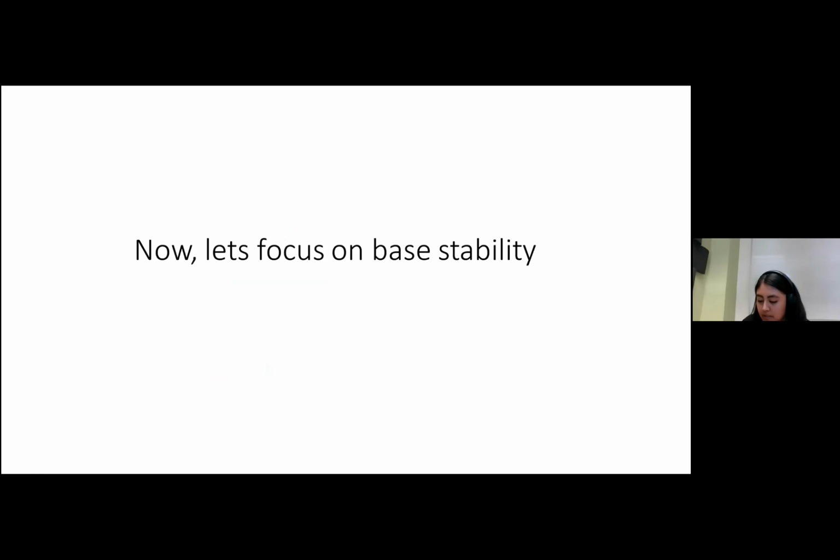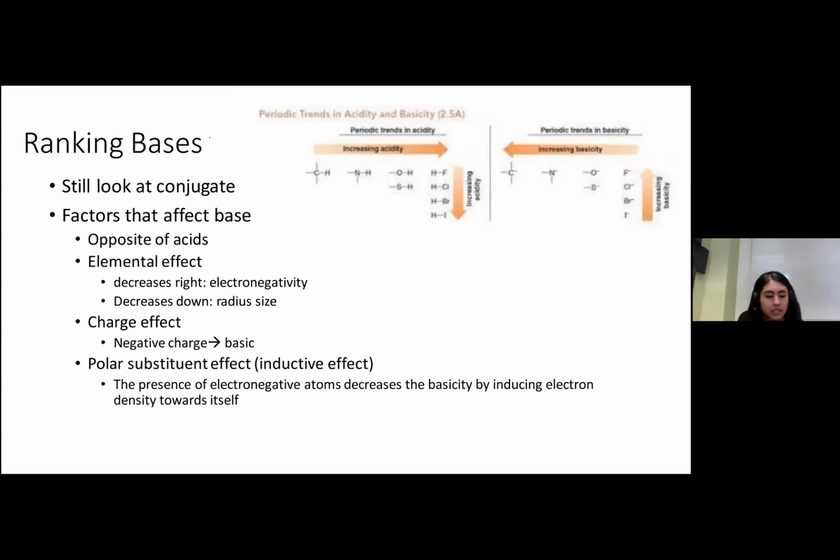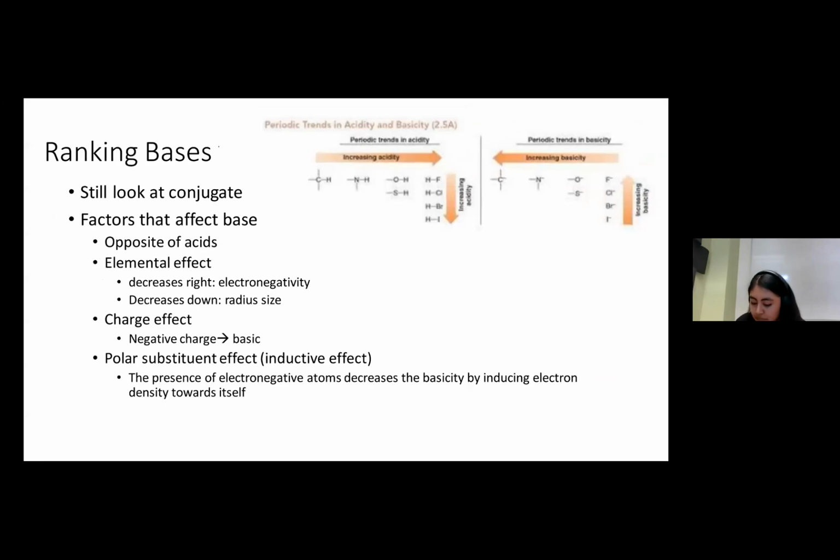Okay. So now, since I talked about acid stability, I'm going to go through base stability very quickly because it's just the exact opposite of acid stability. So when we're ranking bases, we're still looking at the conjugate. Except the factors that affect bases affect them opposite of acids.